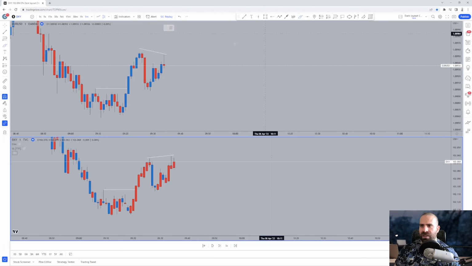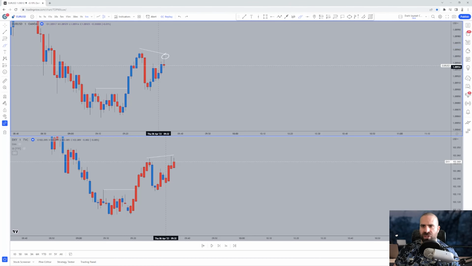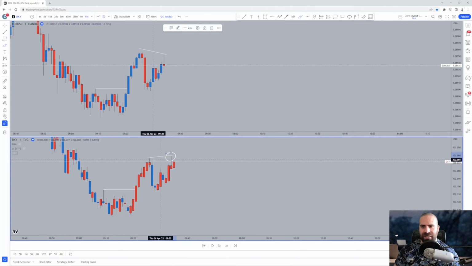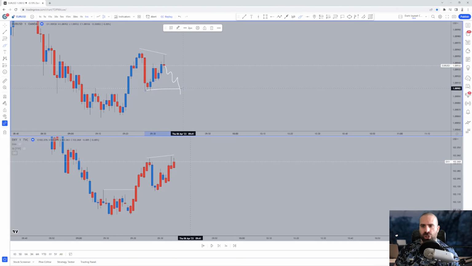We see that this one is lower than this one, but on the dollar index, this one is higher than this one. Now if we see an impulsive change of character, we will go short against all of these traders who are going long. Just tell yourselves the story only on the 1 minute time frame.